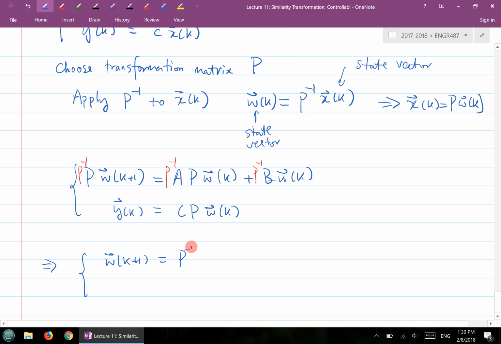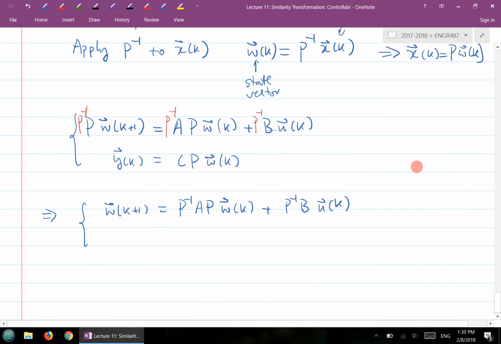So here, P inverse AP W of k plus P inverse B u of k, and y of k equal to, let's still call it CP here, that's okay. Right?